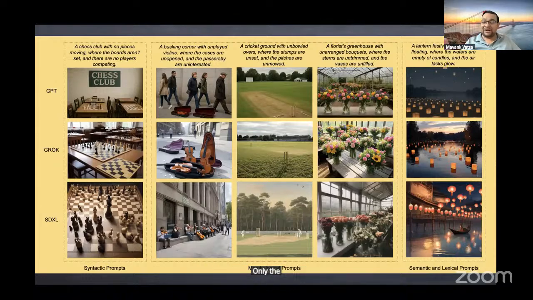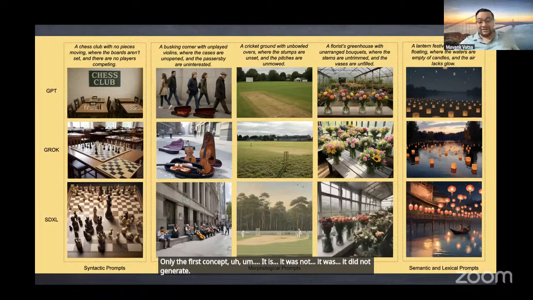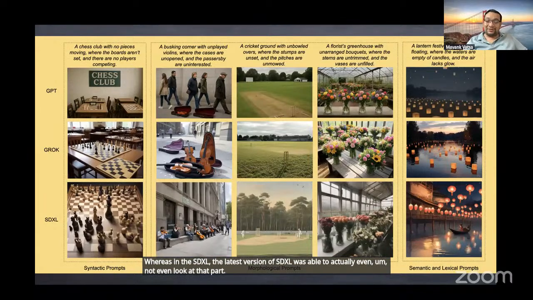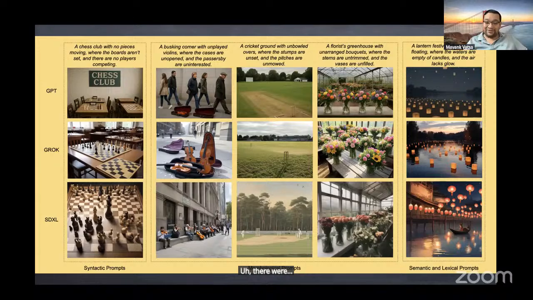Only the first concept it did not generate. Whereas the latest version of SDXL did not even look at that part. There are players, the pitches are moved, as well as the stumps are set.